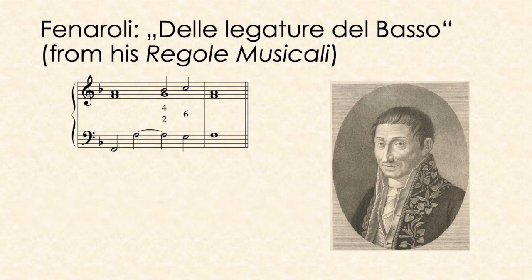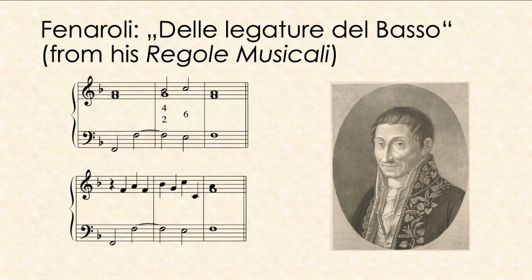The trio setting shows a dissonant 2-4 figuration above the tied note resolving into a consonant 6th chord. From this point of view, Fenaroli's diminution appears to be a dissolution of the two upper voices into a single one that shows a constant pulse of quarter notes.